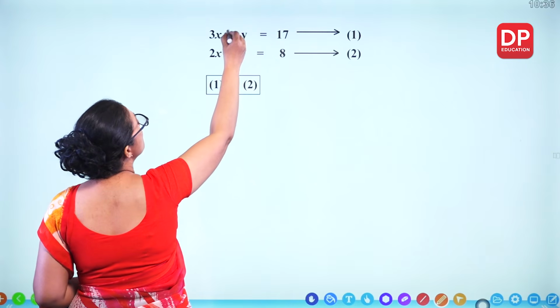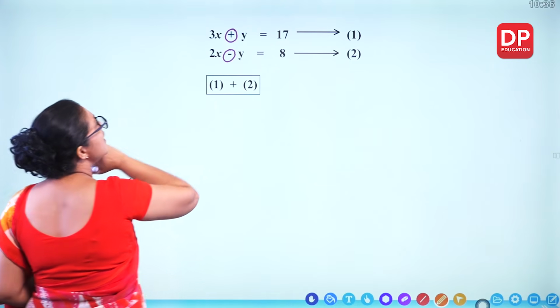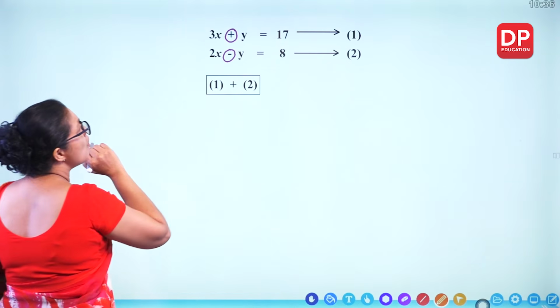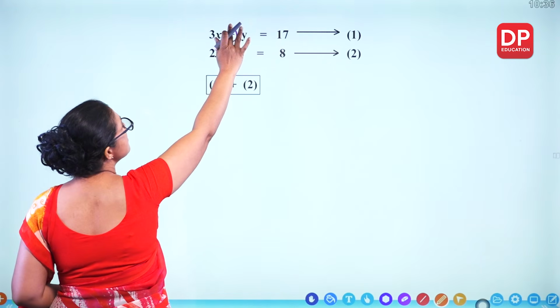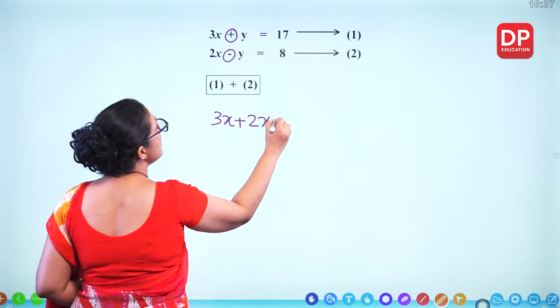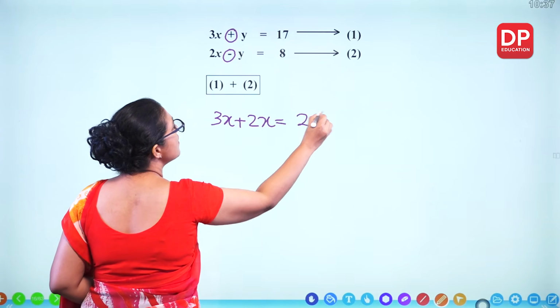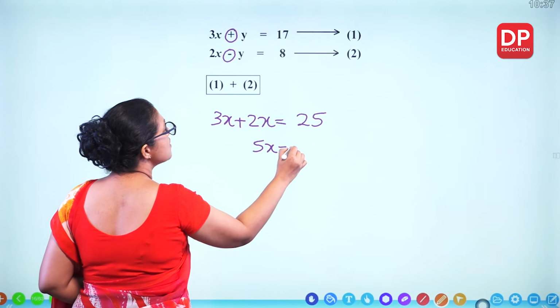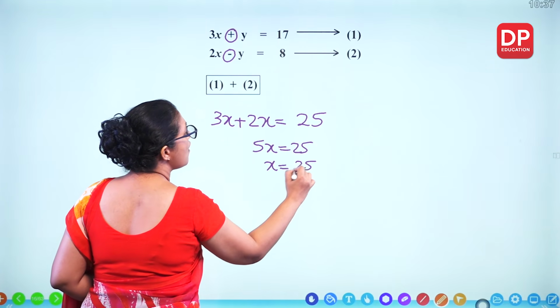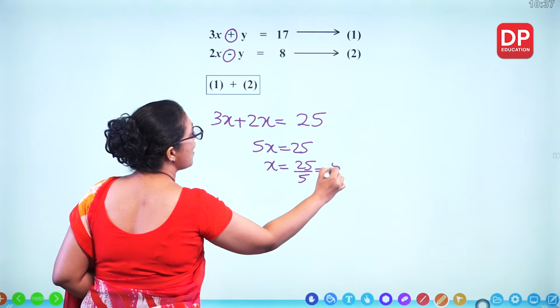When you add it, this gets cancelled out. So when you add it, you can straight away write down 3x plus 2x equals 25. 5x equals 25. x becomes 25 divided by 5, that's 5.